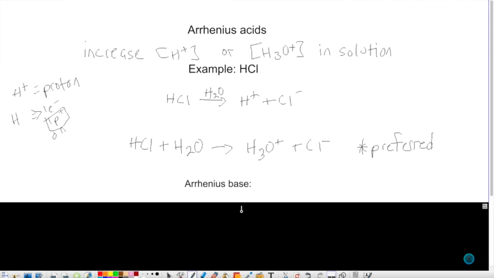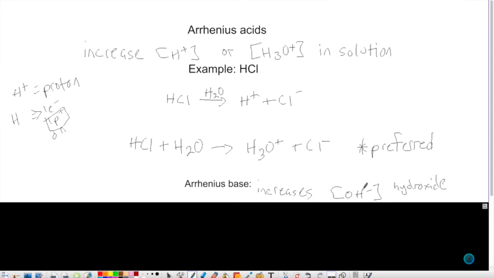So if our Arrhenius acid increases the concentration of H+ or H3O+ in solution, an Arrhenius base increases the concentration of OH-. This is also known as hydroxide ion, and you'll see this rather a lot. Hydroxide ion is very important.